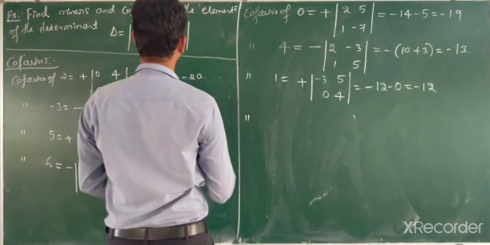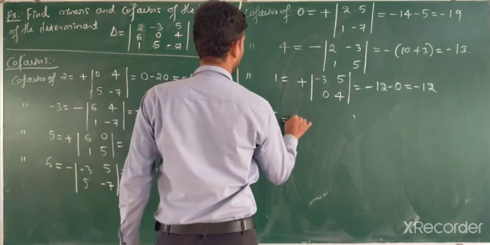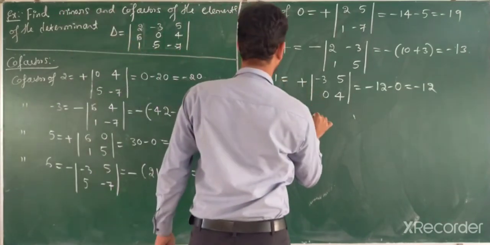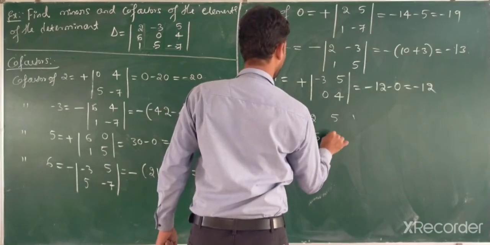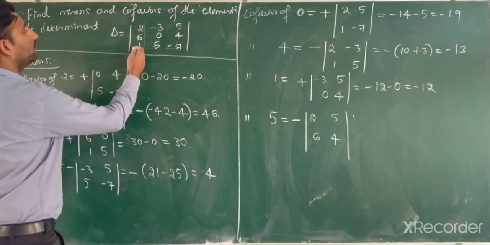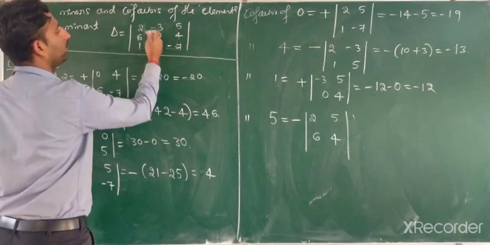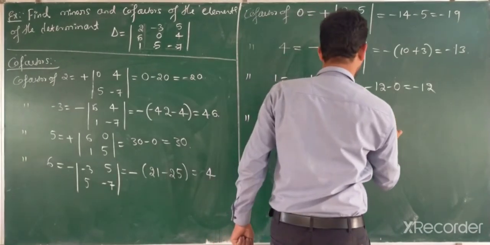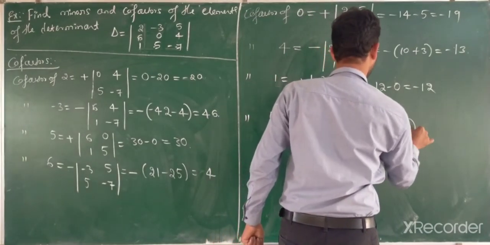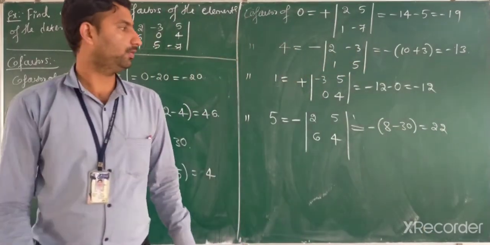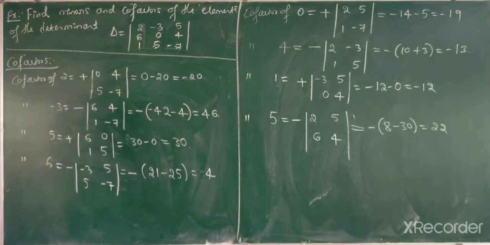Cofactor of 5: minus this value, 2 5, 6 4. This eliminate, this eliminate. 2 5 6 4, which is equal to minus 8 minus 30, which is equal to plus 22. Plus 22.